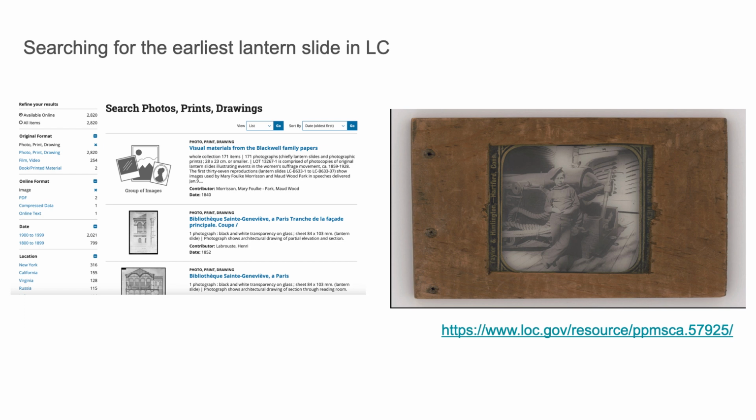It's part of the Blackwell Papers, which have a number of non-visual aspects which are earlier than this. But it's always interesting to think about the lifespan and the longevity of these technologies when they became widespread and how long they persisted.